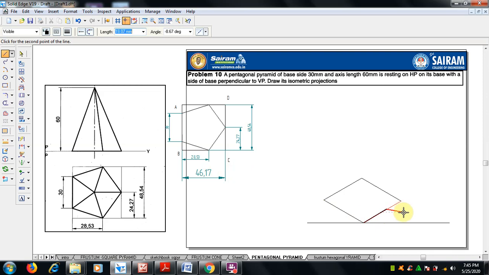So this is done, and this is equal. This 28.53 and this 28.53 will be the same. So from this corner also we have to draw 28.53 at an angle of 30 degrees, right? So now I will draw this, just for reference, because it is a straight line.